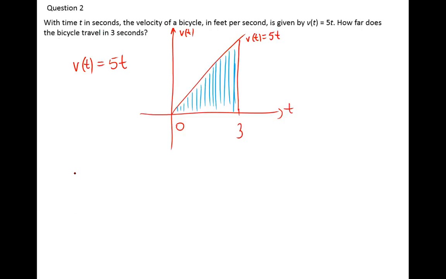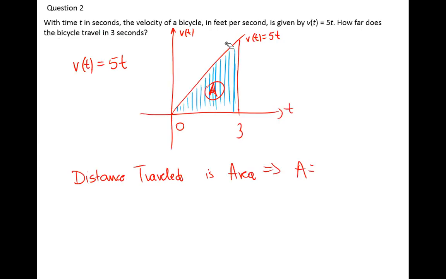Again, the distance traveled is the area. Who can tell me how I can compute that area? What is the shape?